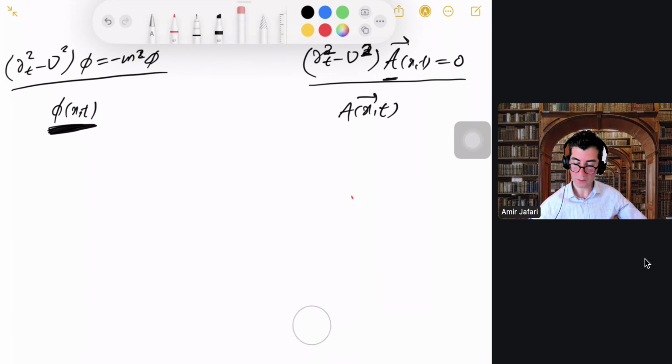Now what you need is a Lagrangian density, which is a function of phi, phi dot, and the gradient of phi, because this Lagrangian is the sum of all these Lagrangians for simple harmonic oscillators that you put at every point in space. Okay, we are talking about a field, so that field is defined at every single point in space. So in order to add the Lagrangians of all these simple harmonic oscillators at every single point in space, you have to sum over all these Lagrangians.